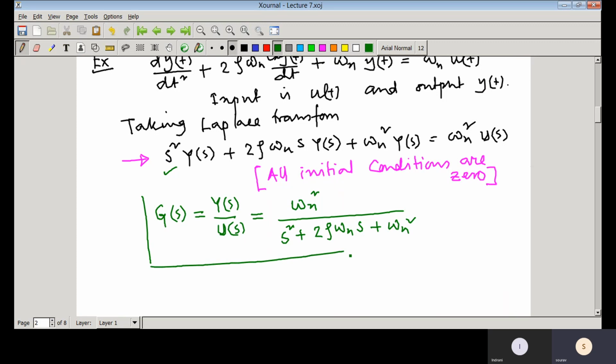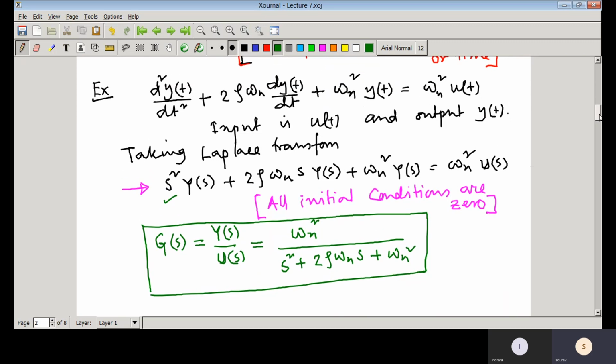So this is a standard second order system. I will be discussing just now what is order and polynomials of characteristic equations, etc. Here you can see that whenever a dynamical system is given like that, described in ordinary differential equation form, then we can find the transfer function of that system.